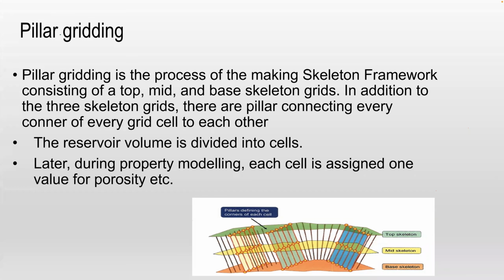But not as much in static modeling. We don't use them in static modeling. We just use the geobodies, the surfaces, and also acoustic impedance for the modeling of the porosity.